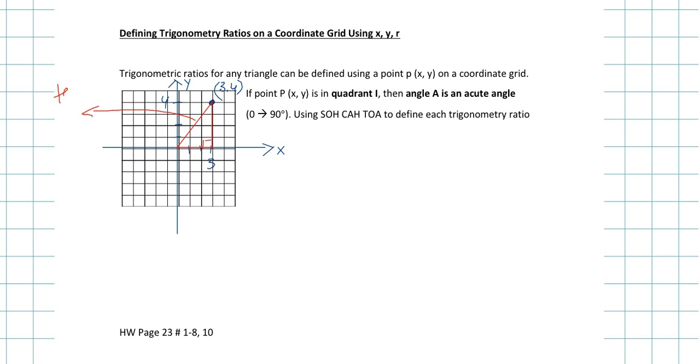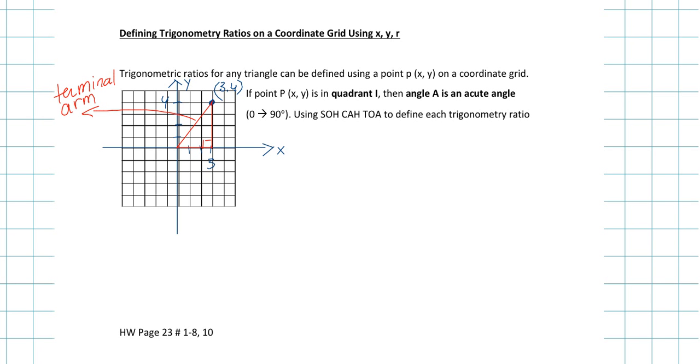Okay, so this is the arm of the triangle that joins the origin to the point of interest. And then the angle of interest is the angle formed between the x-axis and the terminal arm.